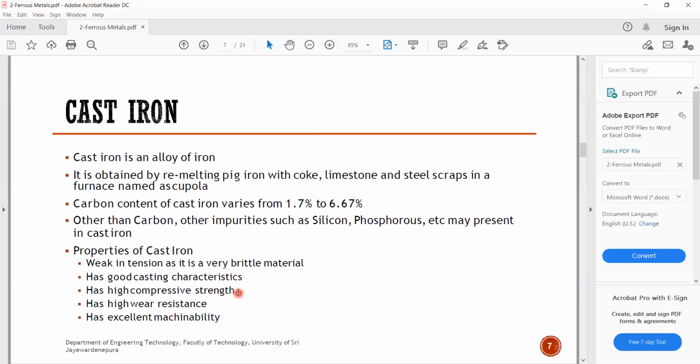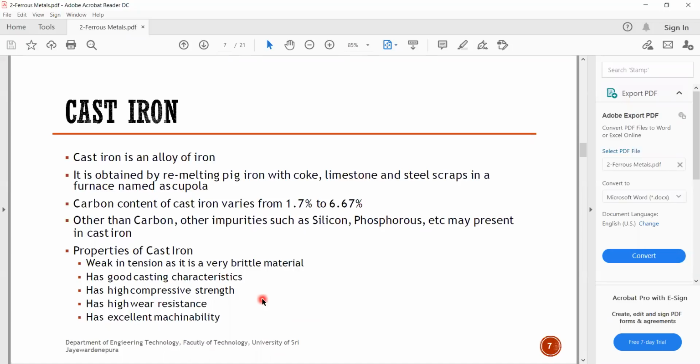So compressive strength means it resists being pushed together. So then it has high wear resistance.